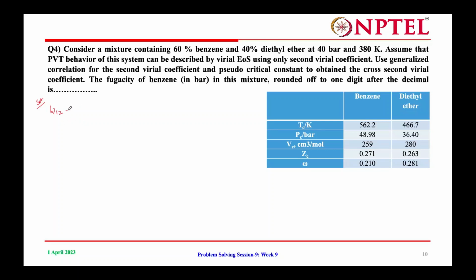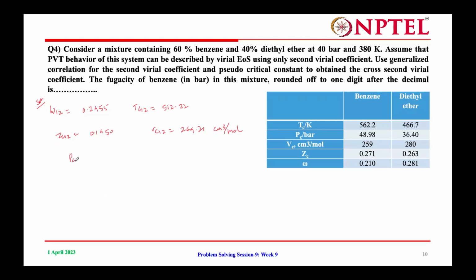Omega 12 is equal to 0.245, and TC12 from TC11 and TC22, right. ZC12 is 0.1450, and VC12 equal to 269.21 centimeter cube per mole, right.